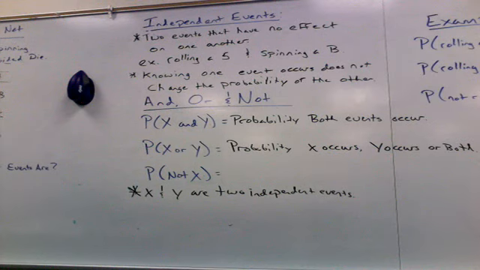Now, if I do the probability of not X, that means the probability of what happens? Nothing? No, not nothing. That means the probability of everything except for what?